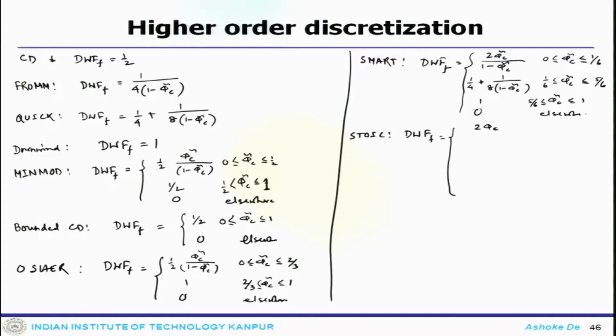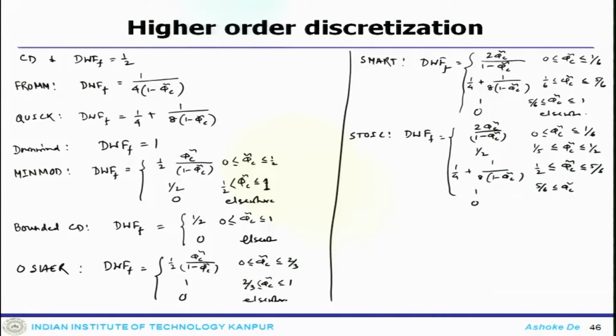The first one is 2 phi c tilde into 1 minus phi c tilde, where phi c tilde is between 0 and 1 by 6; then it is half, which is for 1 by 5; then half; then 1 by 4 plus 1 by 8 into 1 minus phi c tilde, which is up to 5 by 6; and 1 and 0 elsewhere.